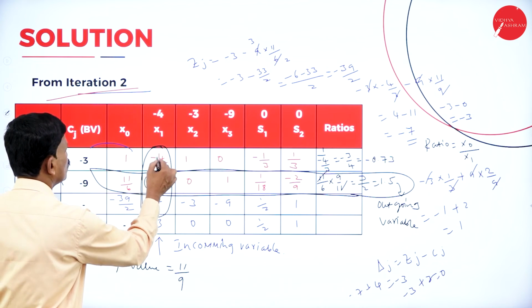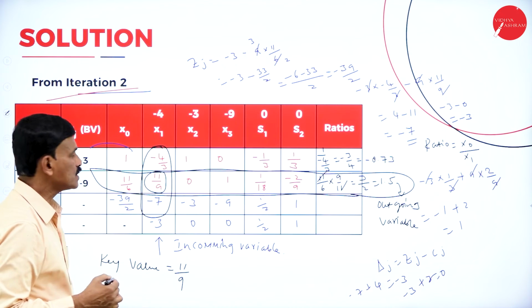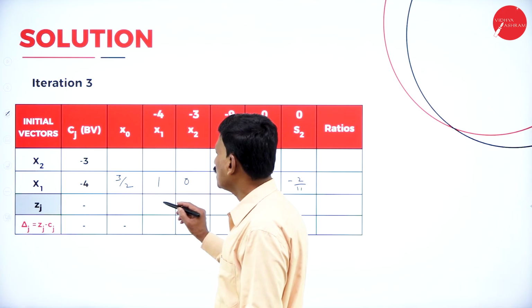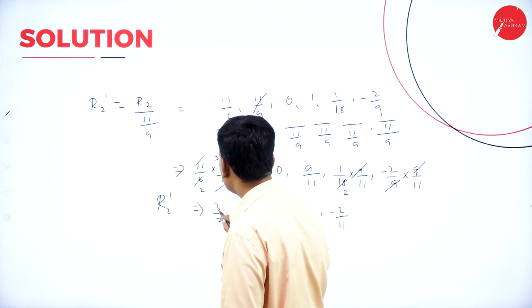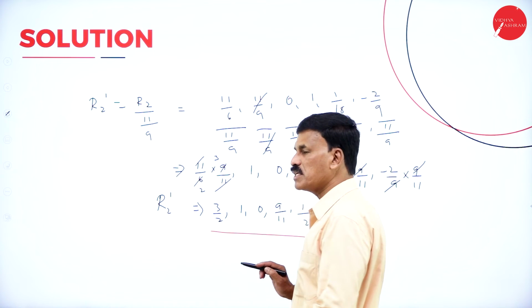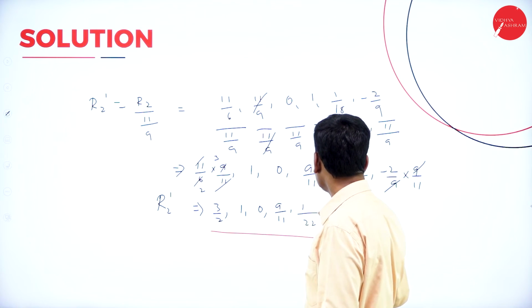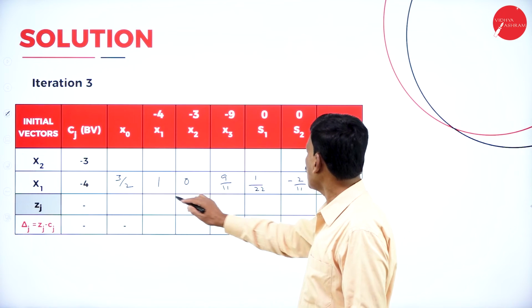Now, convert this minus 4 by 3 as a 0. R2 dash is equal to 3 by 2, 1, 0, 9 by 11, 1 by 22, minus 2 by 11. So I will substitute here.